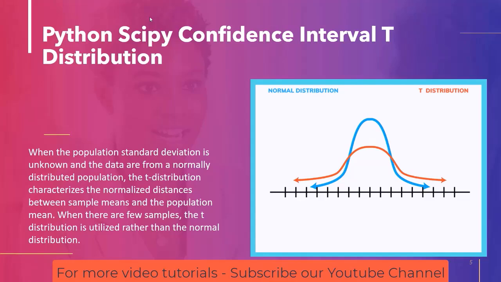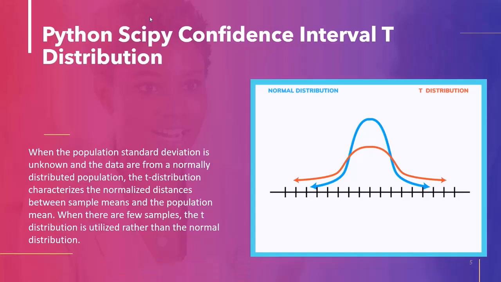The t-distribution is used instead of the normal distribution when there are few samples. As the sample size grows, the t-distribution resembles the normal distribution more. For a sample size greater than 20, the distribution actually resembles the normal distribution very closely.